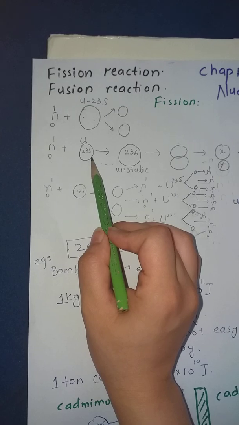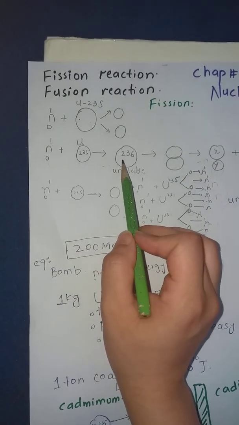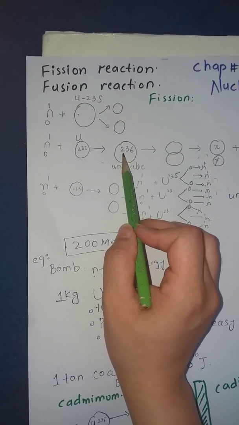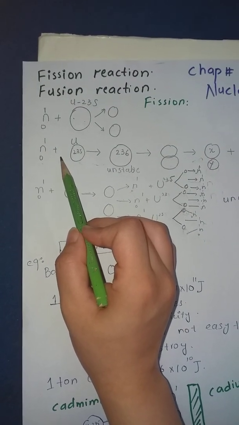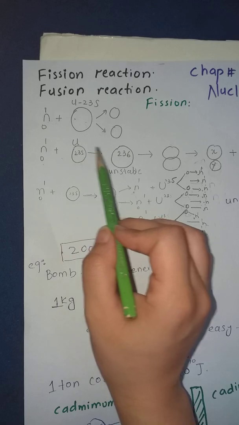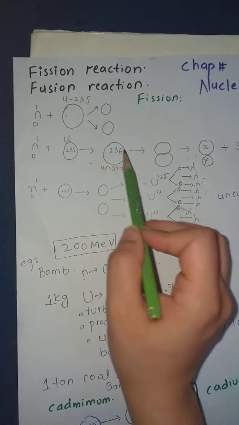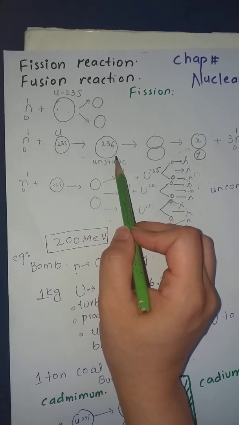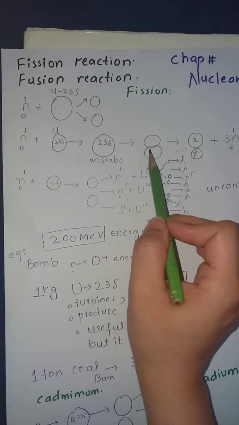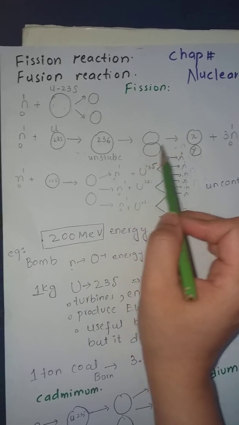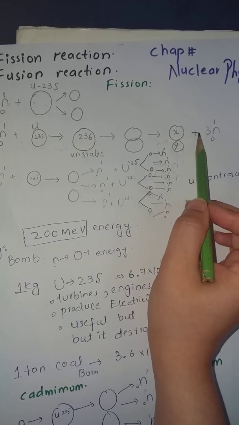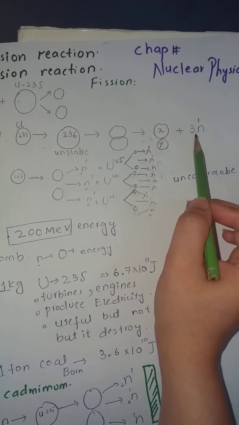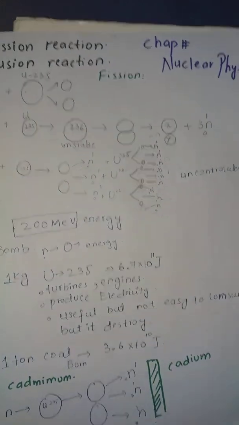This uranium 235 absorbs the neutron particle and converts into uranium 236. Then this 236 nucleus is unstable, and because of this instability it converts into two nuclei X and Y with an amount of energy and 3 neutrons. This is known as fission reaction.